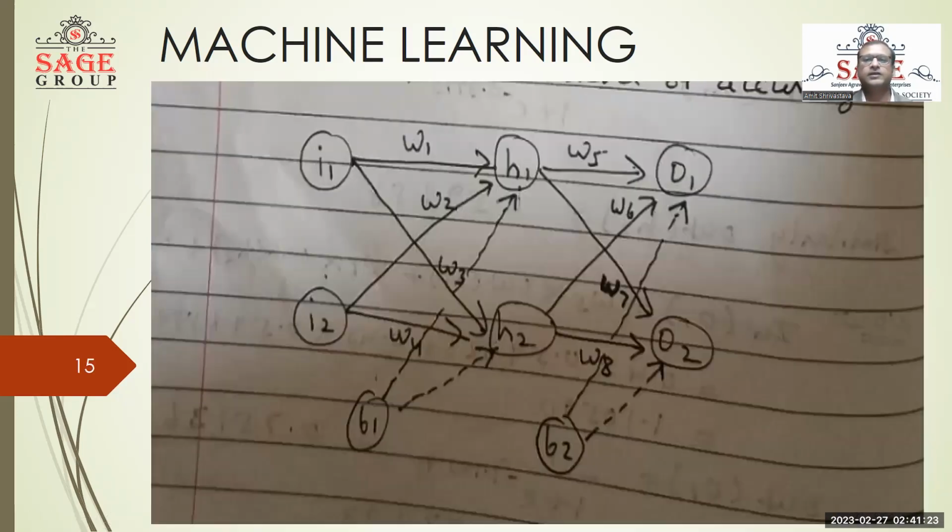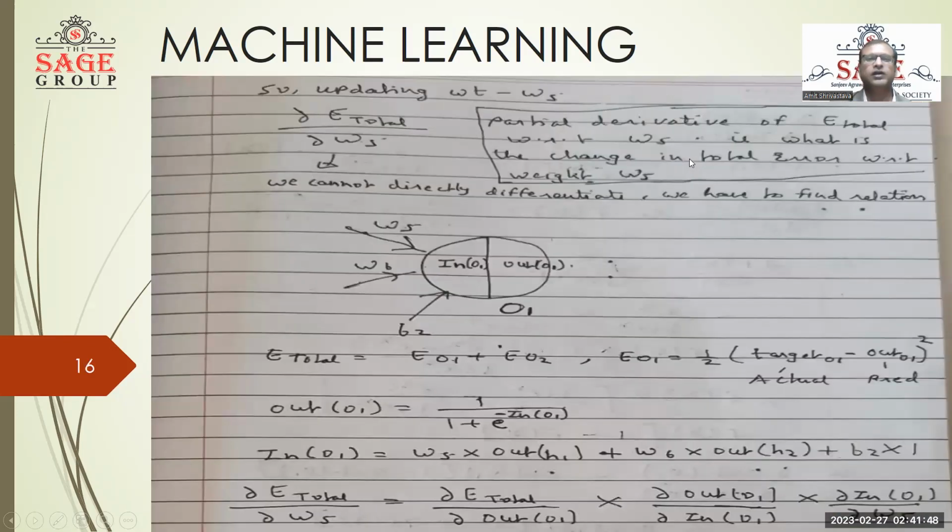So this weight W5 is coming to this O1. Now this O1 is getting the output of H1 multiplied by this W5, output of H2 multiplied by this W6, and this bias. All these are the inputs to my O1 output neuron, right?